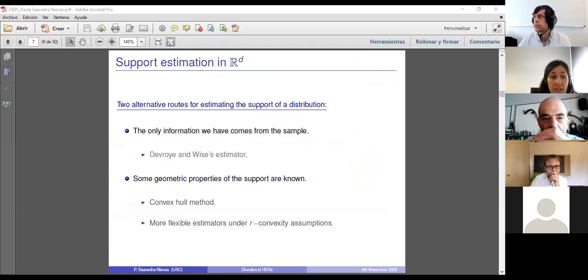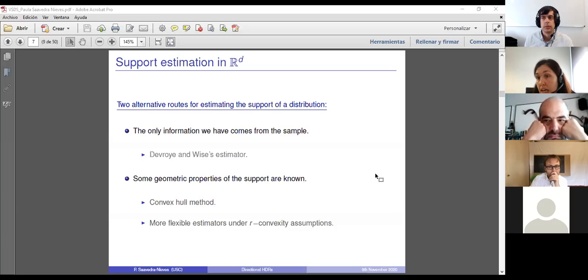Maybe we have as only information source the sample points. Then, in this case, the most natural choice to reconstruct the support of a distribution is to use the Devroye-Wise estimator. But sometimes maybe we know some shape properties that the support can verify. Maybe we know that our support is convex, or maybe we know the number of connected components that our support has.